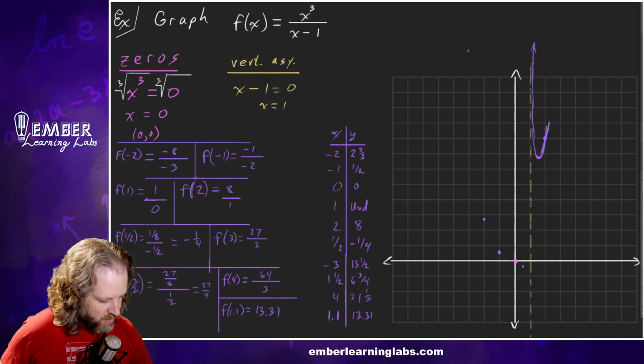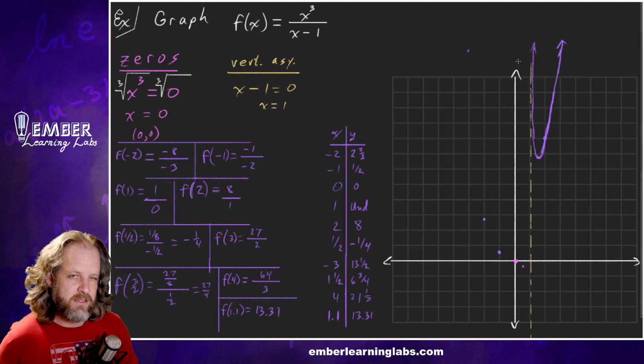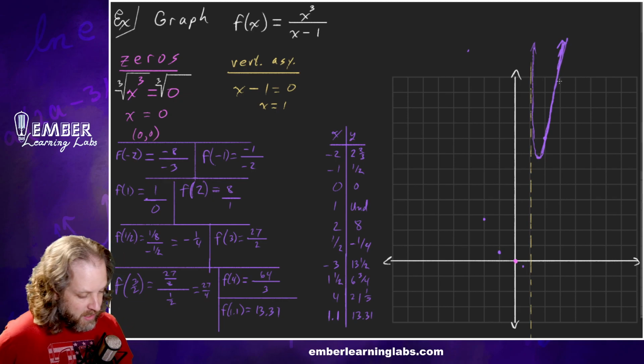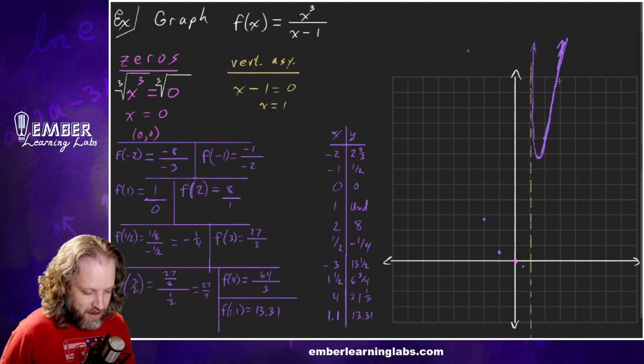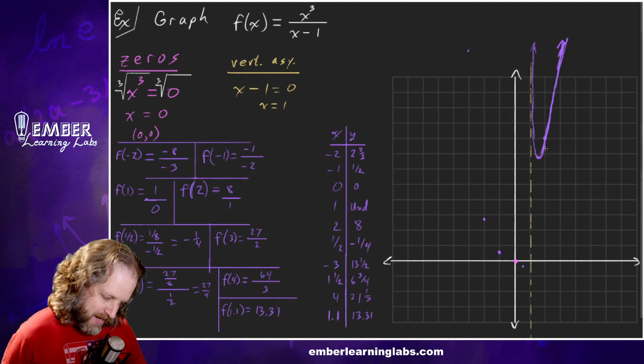And so here is how I knew something was up, right? How did I know it was going to curve back around and something like this was going to happen? Well, because when we found our zeros, we found 1. So there's no way that we can be up here and be heading down and then keep going down.